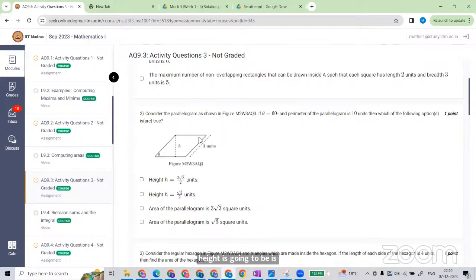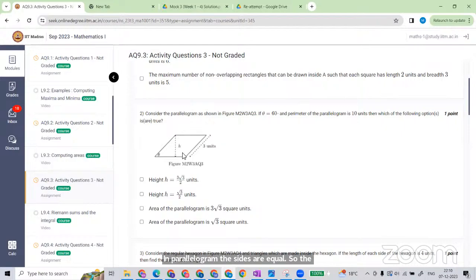So if this angle is given, then this is a parallelogram. In a parallelogram, the sides are equal? No, sides are parallel.